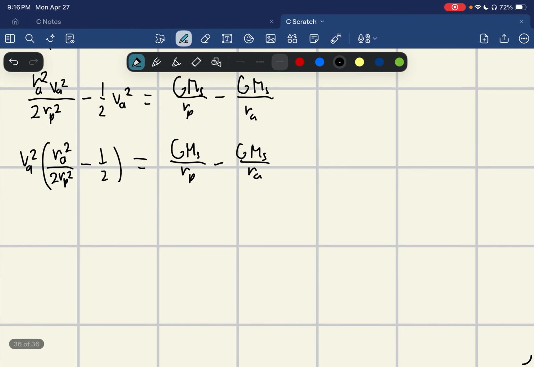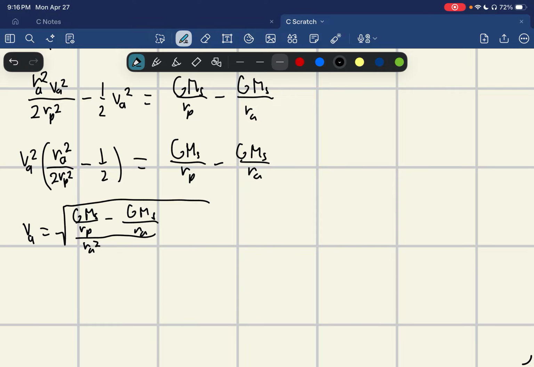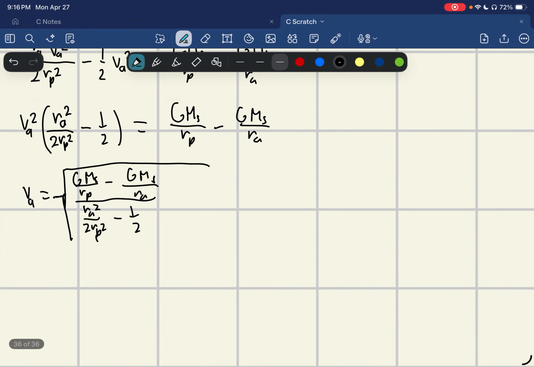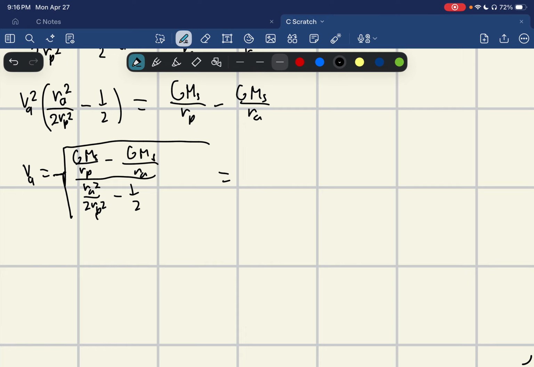So VA is equal to radical GMS over RP minus GMS all over RA, divided by RA squared over 2 RP squared minus 1/2. All this is in the radical. And then this would equal, let me write this all out.